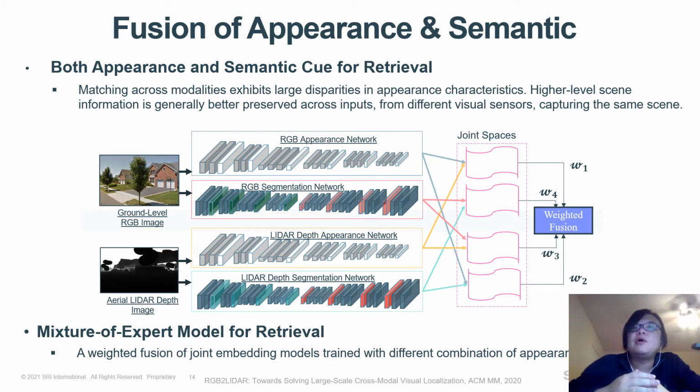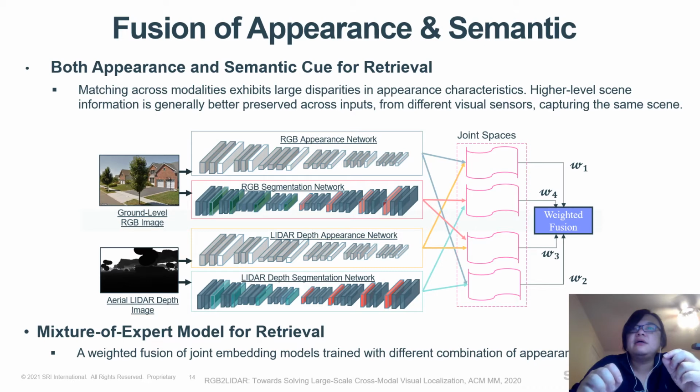So here we propose a fusion process for this architecture. For both the ground image and the LIDAR depth maps, we apply two networks, one to extract the appearance information, the other to extract the semantic segmentation information.